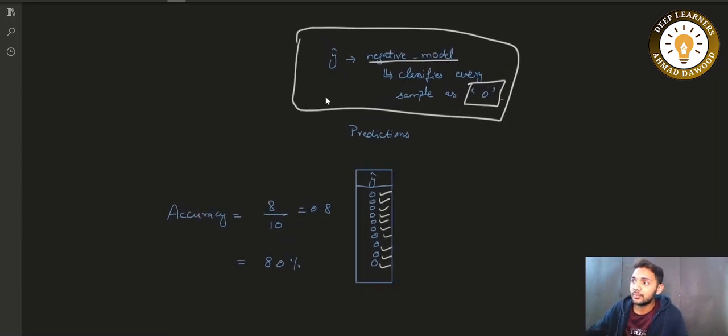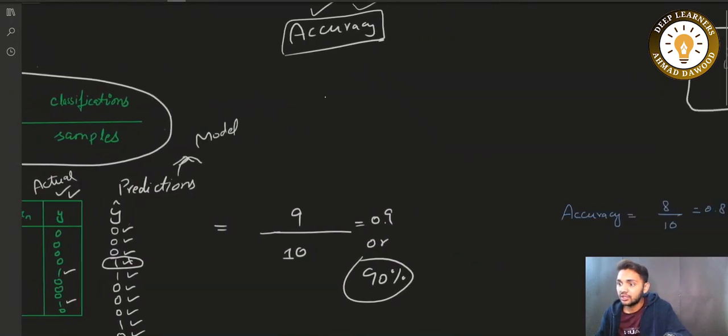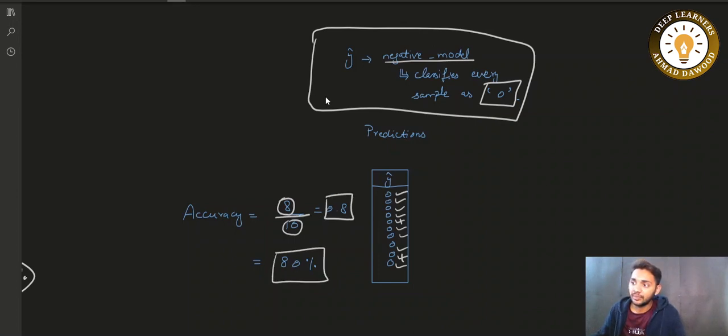Out of all the true values, there are just two positives, this fifth one and this ninth one. These two are misclassified, which means total correct classifications are 8 out of 10, and your accuracy in that case is 0.8, meaning 80%.